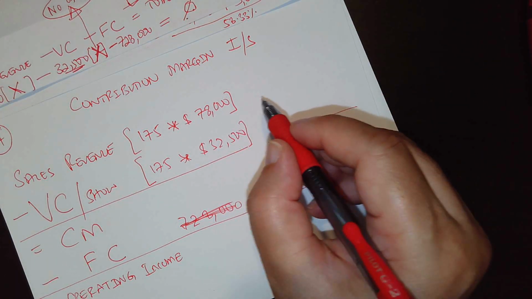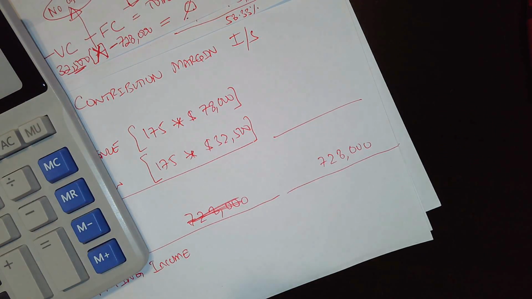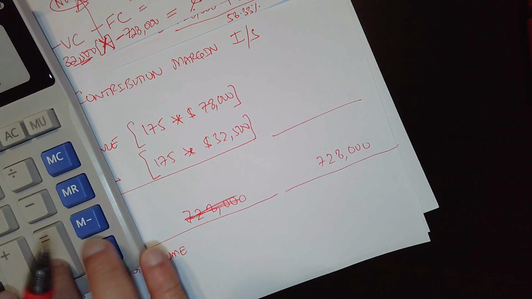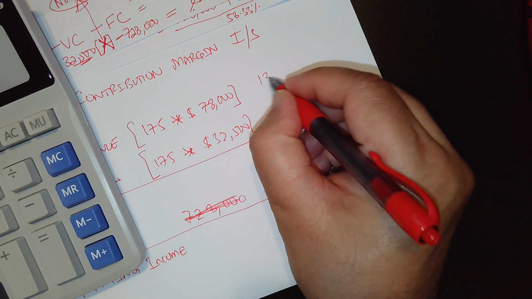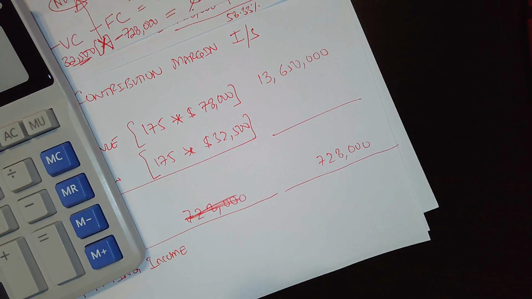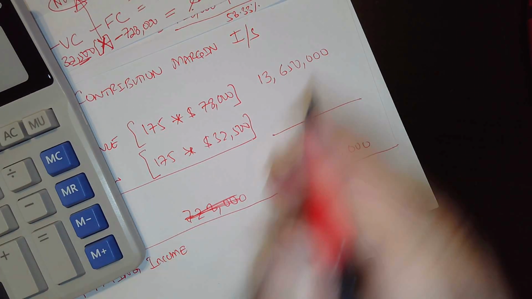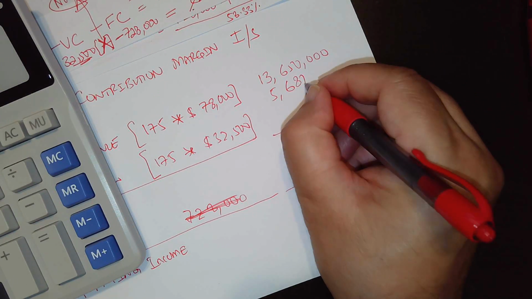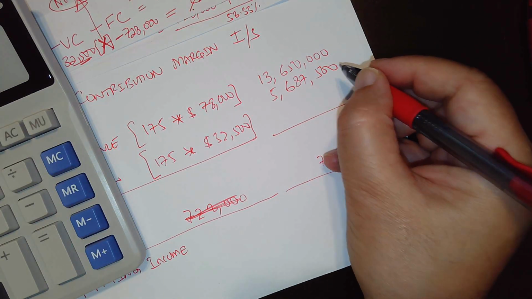So 175 multiplied by 78,000 gives us 13,650,000, and that's our sales revenue. And then our variable cost will be 175 multiplied by 32,500. That turns out to be 5,687,500.